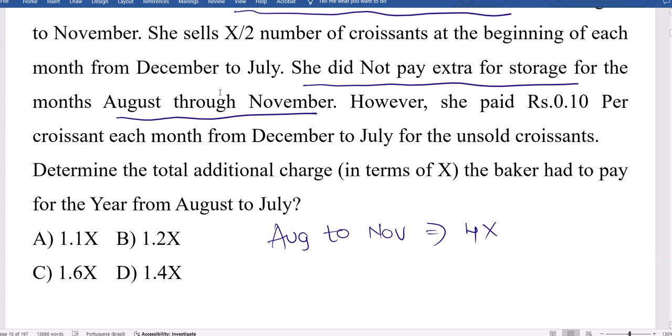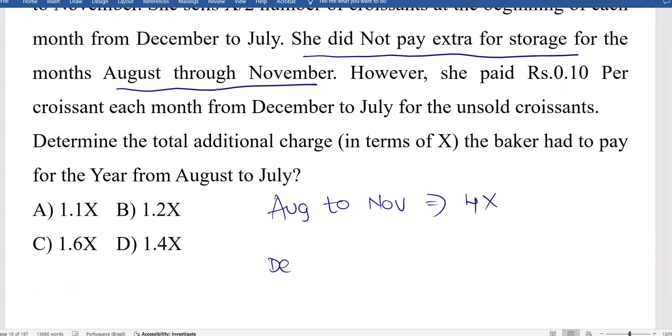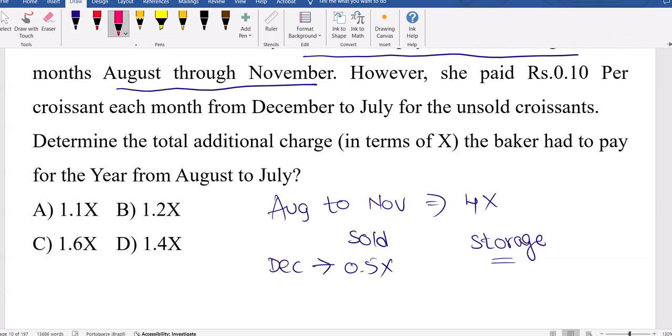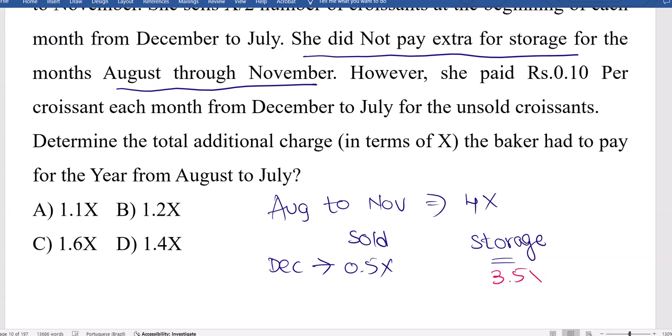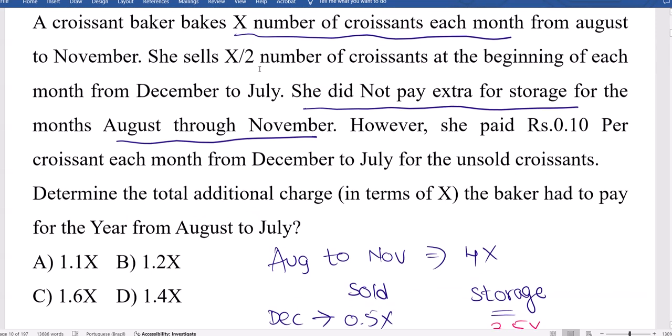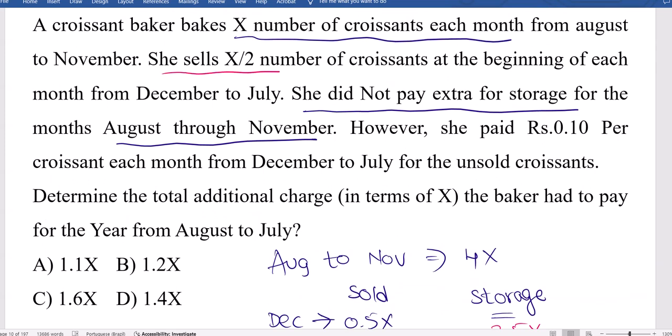Now, December month completed, let us say. December month, how many sold? X by 2 is gone. X by 2 means 0.5 sold. What is storage in December? Sold is 0.5, but still, how many do you have to store? 3.5x should be stored, right? Total 4x is there. They clearly mentioned selling x by 2, means 0.5, at the beginning of each month.